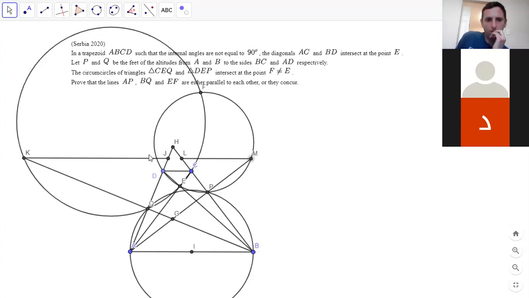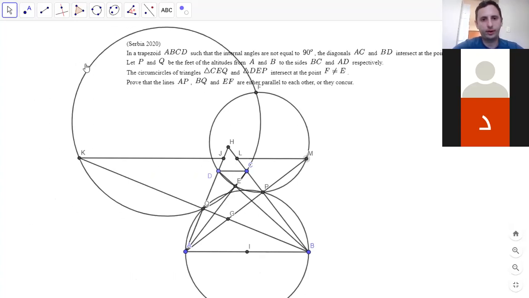Also, we know HQGP is cyclic, but so what if I try writing it like this?